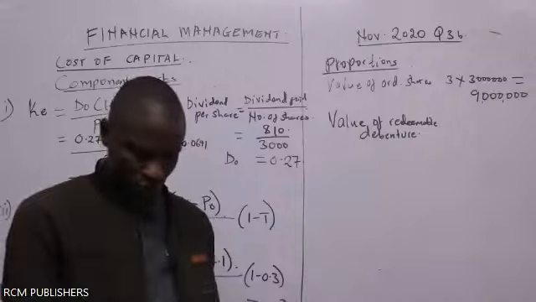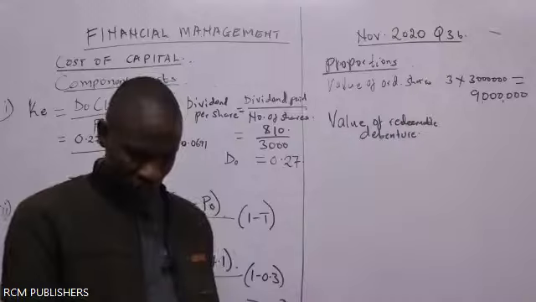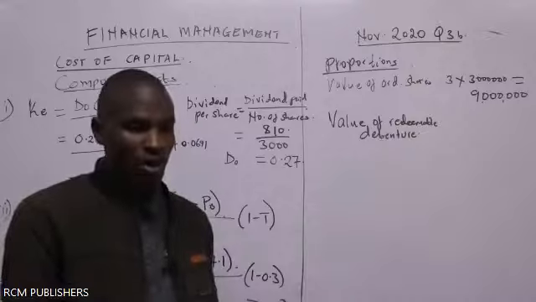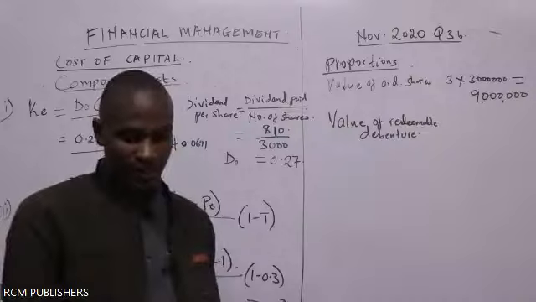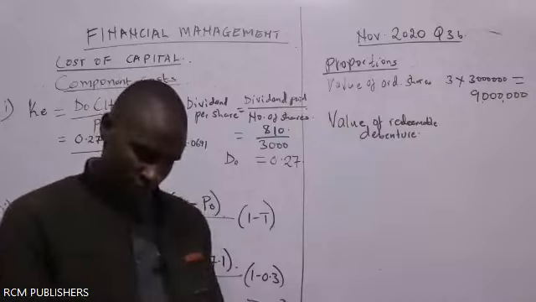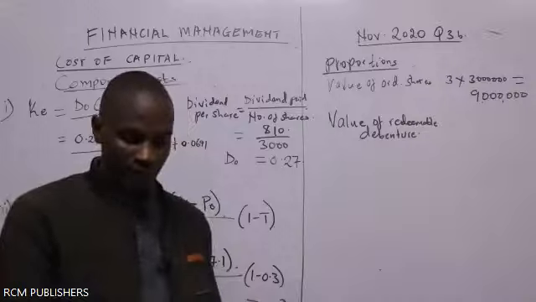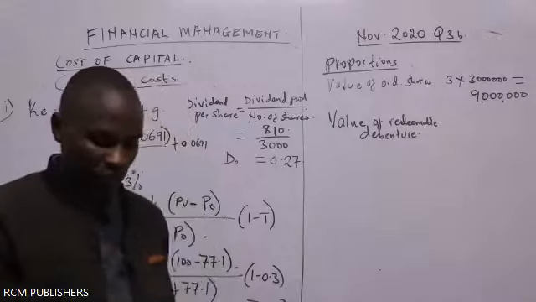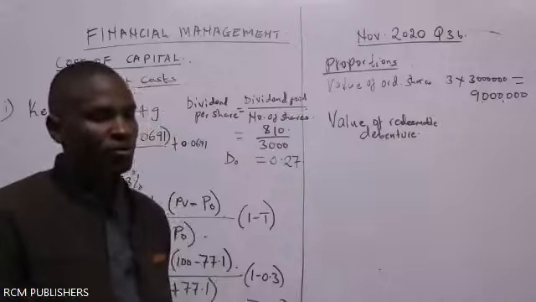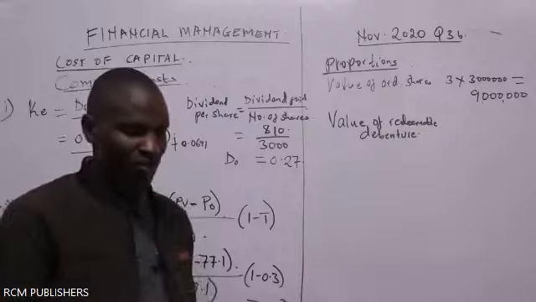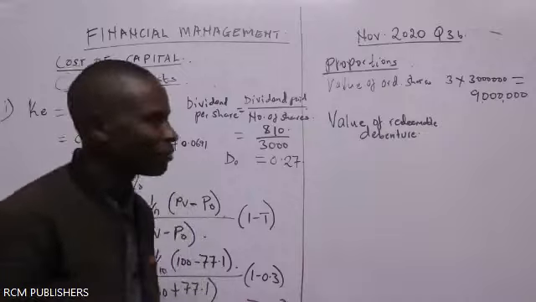Looking at the statement of financial position, I see a 7% bond. It was 1,300,000. So it is 1,300,000, and then the par value has changed, and we also have the market value of 77.1.